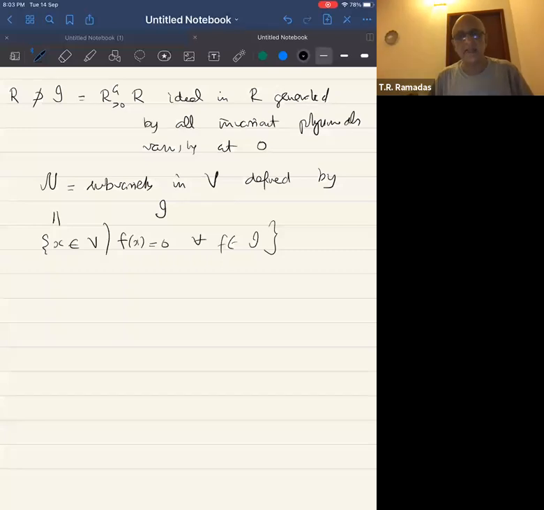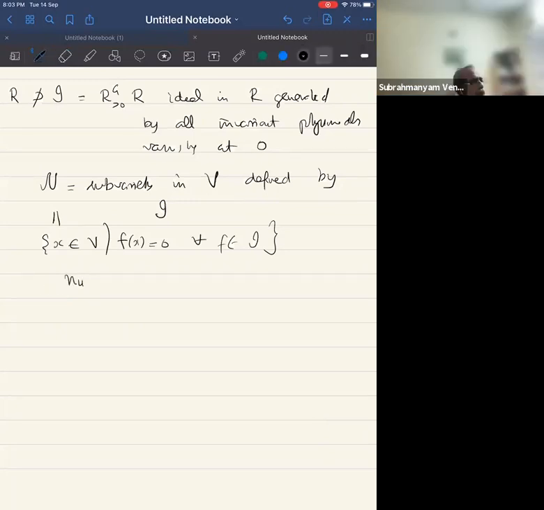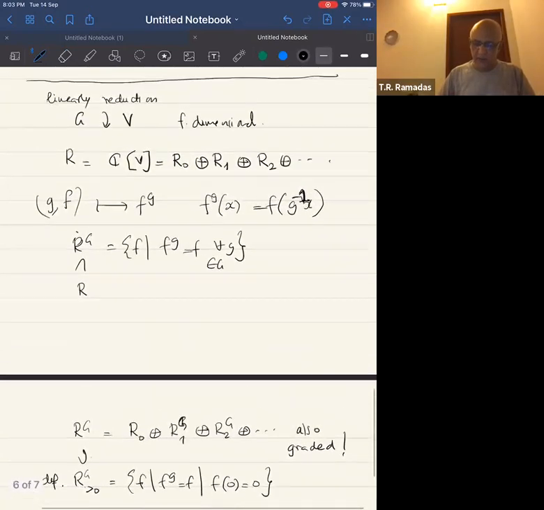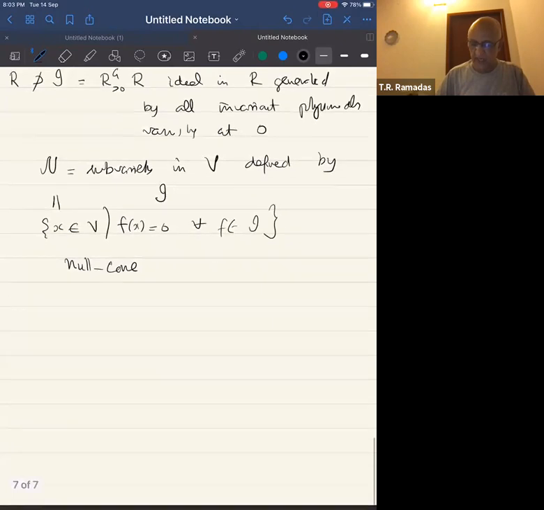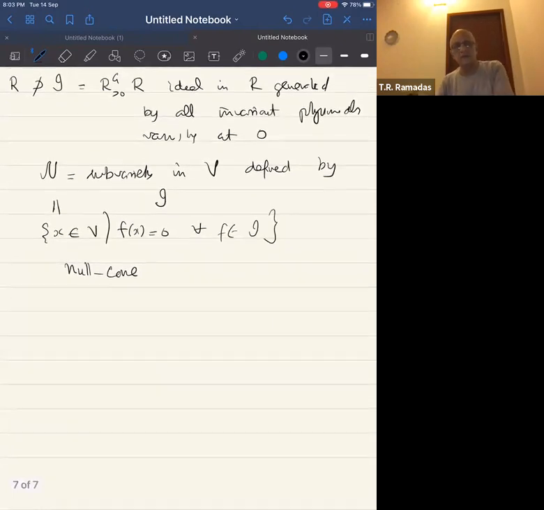In very rare cases, it can be all of V. Okay. So this is the nilpotent or null cone, sorry, that you heard about. Note that so far I have not really used that G is linearly reductive. I could have defined all this for an arbitrary group acting on an arbitrary vector space. So the null cone can be defined always.